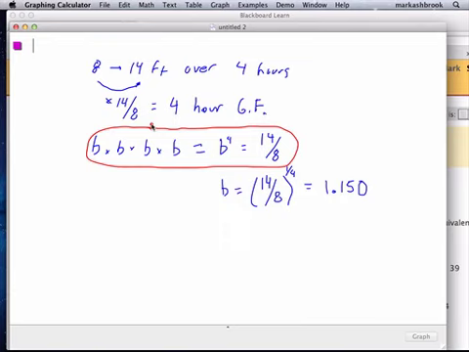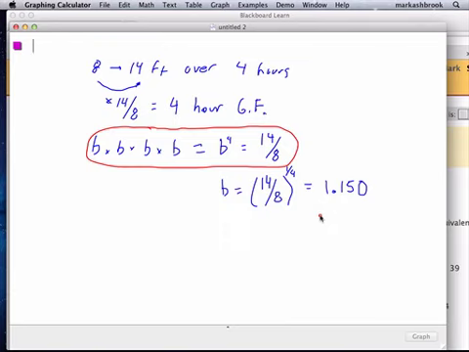And what if you forget the rule? Or what if you mess up the procedure? If you understand this idea, you have this image of what growth factors are like, you can solve anything. It's based on your reasoning, and that is trustworthy, right? If you've got good reasoning, that's always trustworthy. A rule, something to memorize, don't trust that. Okay? So does that make sense? So that's the 1 hour growth factor.